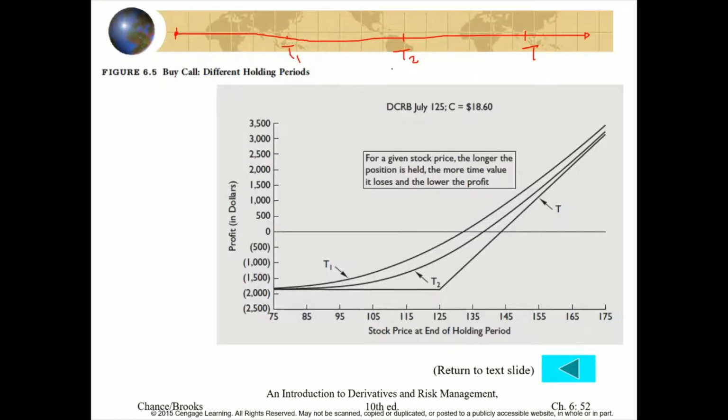Now, why do we observe that at any given level of the underlying stock price, I'm always going to realize a higher profit for the shorter holding period? Now, this comes from the following fact.